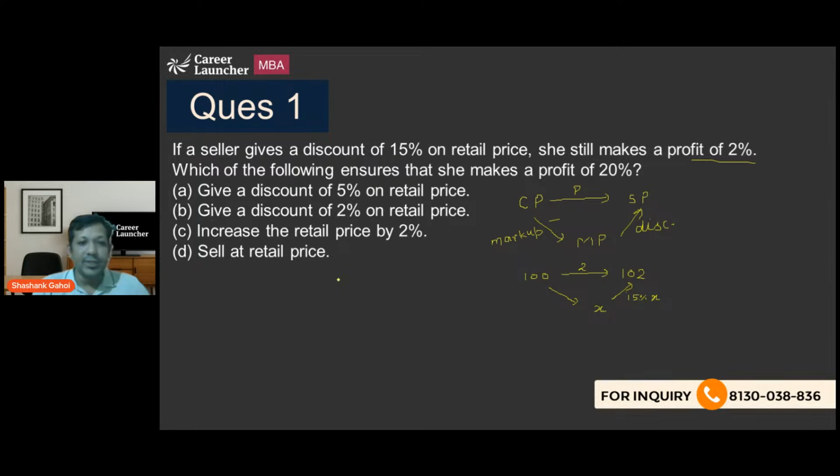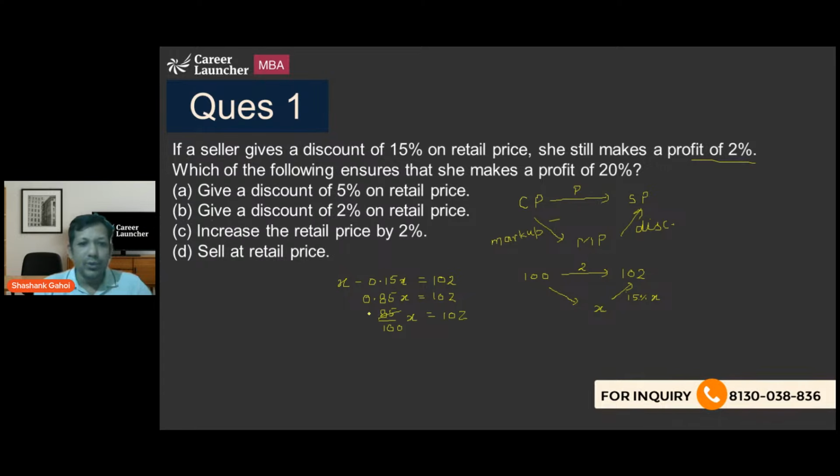Mark price is X, discount is 15% of X, or I can say 0.15X, and that is equal to my selling price, that is 102. So I can say that 0.85X is equal to 102. It can be written as 85 by 100 times X, and that is equal to 102.